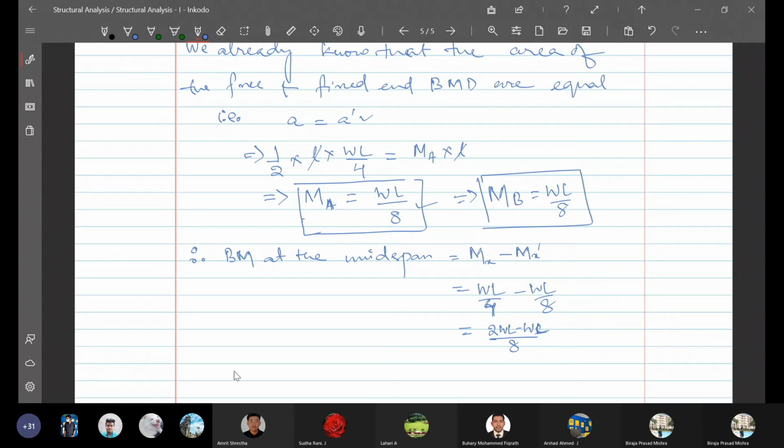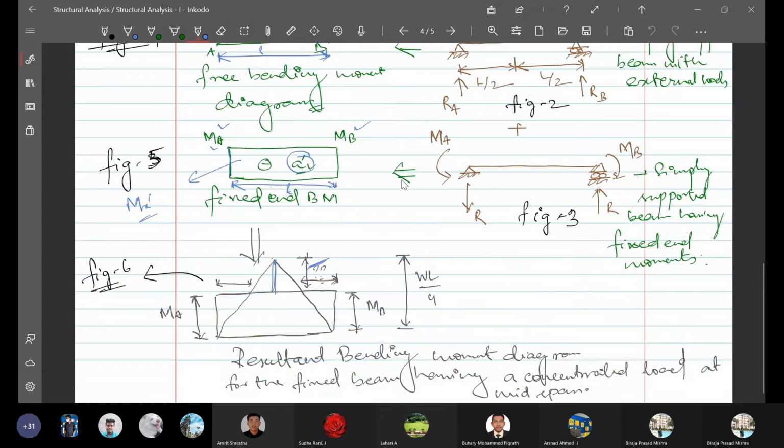This implies the bending moment at the mid span equals WL by 8. So this value will be WL by 8.